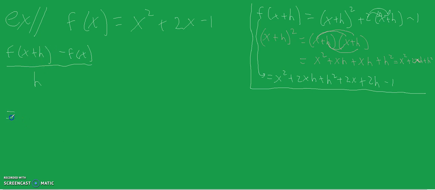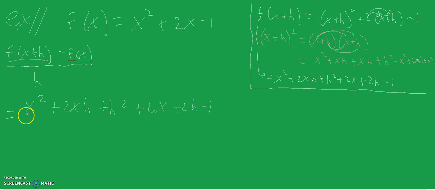Let's do some colors again. Let's have this piece in blue. That doesn't show up very well. Let's do this piece in pink. We'll do f of x in this burgundy color. All right. So f of x plus h is everything that's right here, so I'm just going to copy it. So we have x squared plus 2xh plus h squared plus 2x plus 2h minus 1.